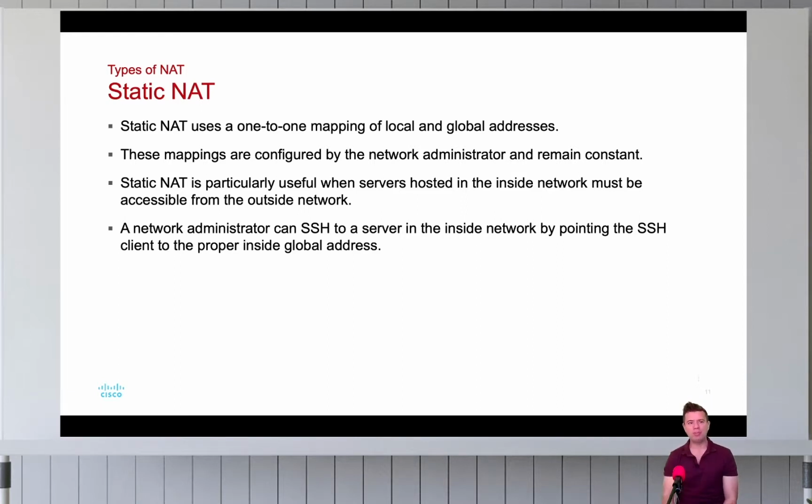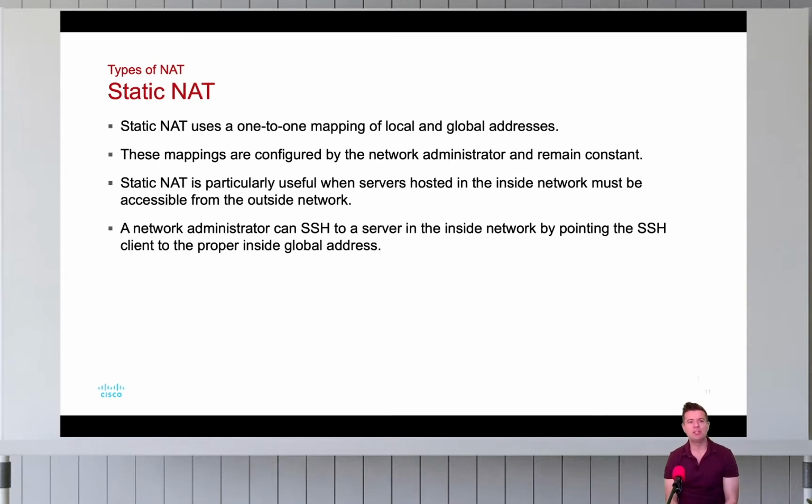These mappings are normally configured by your network administrator and they remain constant. They don't change. Now, you might ask, why would you need this? It's particularly useful when a server is hosted on the inside network, but it must be accessible on the outside network. So you quite literally always set up a static mapping for that.